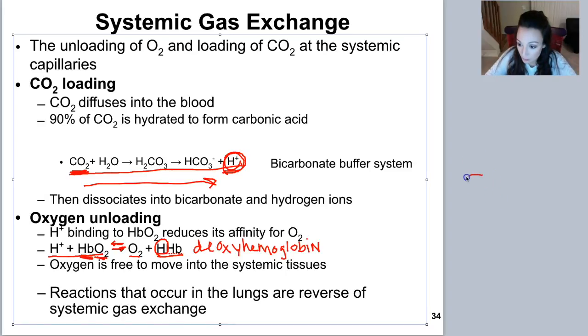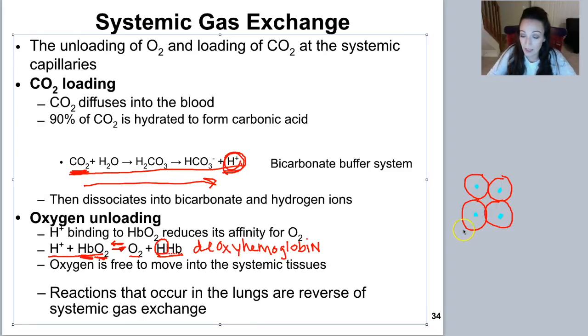So I'm going to draw over here our hemoglobin molecule we've talked about. And we can see it's 4 subunits there. And let's just put, here we'll use blue, an oxygen molecule in the center of each one. And so this is the hemoglobin we would see in our arterial blood coming into the capillaries.